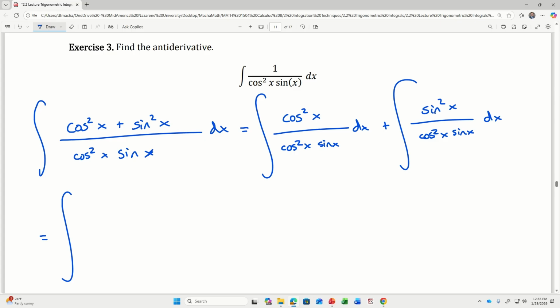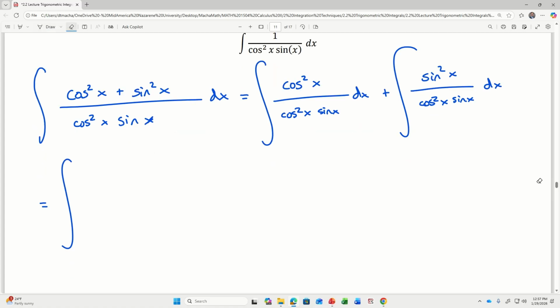So for the first antiderivative, the cosine squareds are going to cancel. I'll be left with 1 divided by sine, and 1 divided by sine is cosecant.